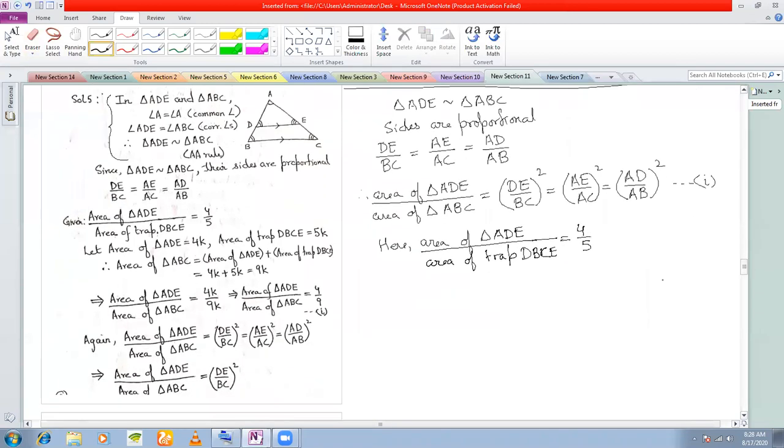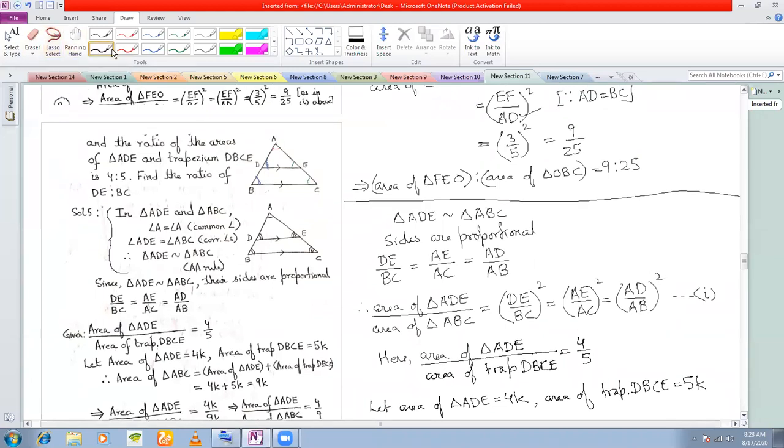Okay. So what I do is I take, let area of triangle ADE is equal to 4K and area of trapezium DBCE is equal to 5K.